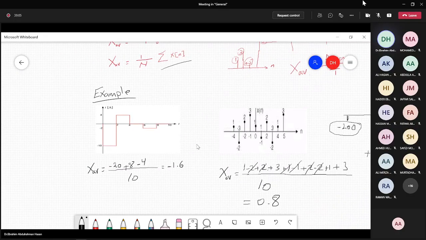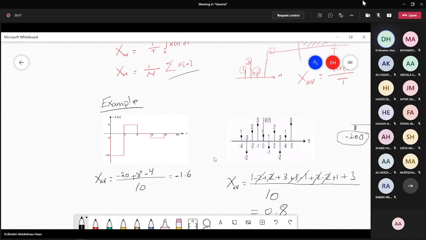So what is the meaning of x average? It means that if you redraw this one, I of t, taking the average value, which is equal to minus 1.6, then it will be constant. This is the average. Average means DC, means constant.